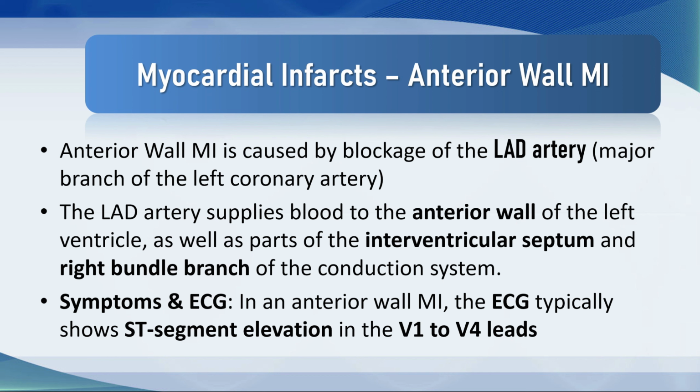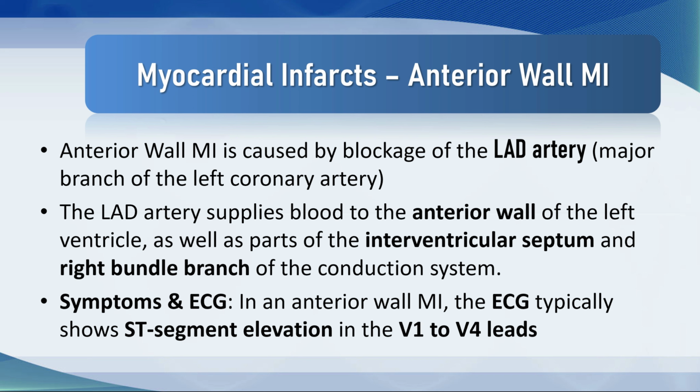Anterior wall myocardial infarction is caused by blockage of the LAD, which is the major branch of the left coronary artery or the left mainstem. The LAD supplies blood to the anterior wall of the ventricle as well as the interventricular septum and the right bundle branch in the conducting system.